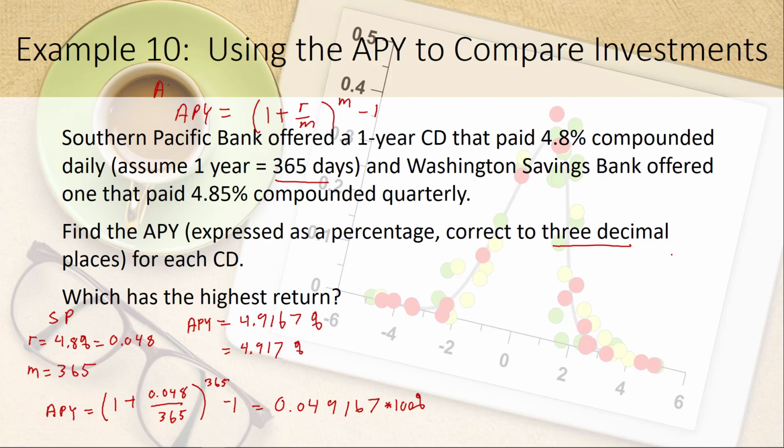What about Washington Savings Bank? We'll call that WSB. There the interest rate is 4.85%, which as a decimal is 0.0485. And they are compounding quarterly, so m is equal to 4.